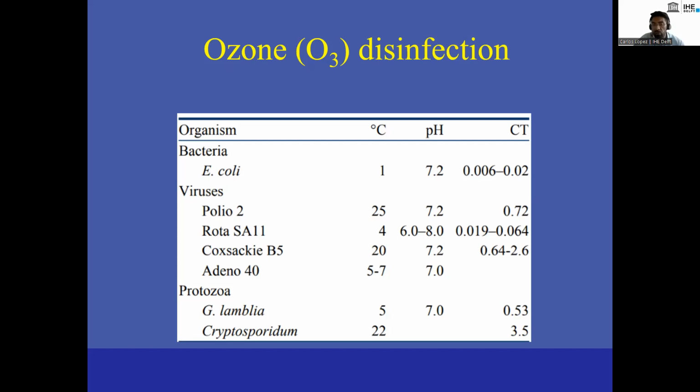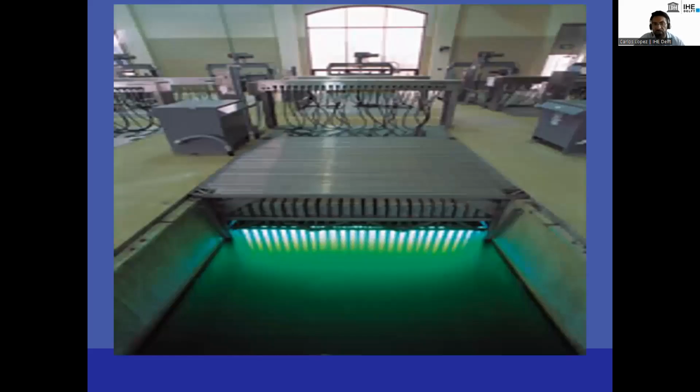Now, if instead of chlorine or ozone, we use UV disinfection, UV is going to be the exposure of the water contaminated with these microorganisms that will be inactivated because of the UV effects.